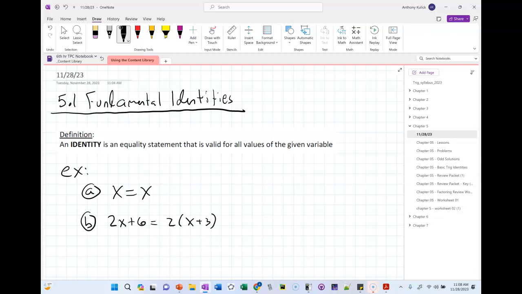How about this? Is this an identity? Yeah, how do you know? Sure, if you just distribute the 2 on the right-hand side, you end up with the same thing as the left-hand side, right?